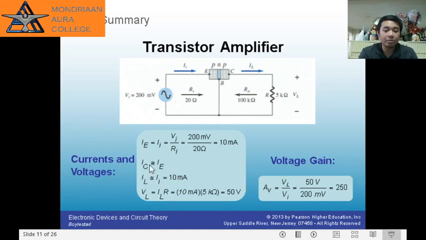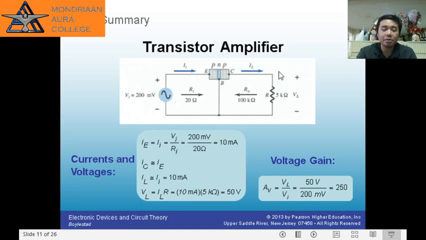Again, I'd like to correct this and this one. These should be small caps because they are AC parameters. Therefore, if the input current is 10 milliamperes, the output current is also equal to 10 milliamperes.